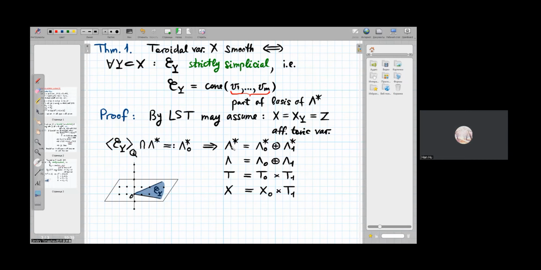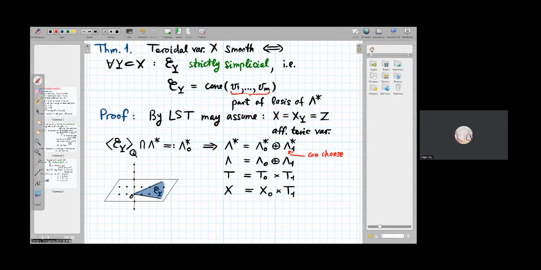If you have a lattice and a sublattice, this is only a matter of choice. So we can choose this complementary sublattice. It is not canonical. We can choose it in many ways, but we can make such a choice.